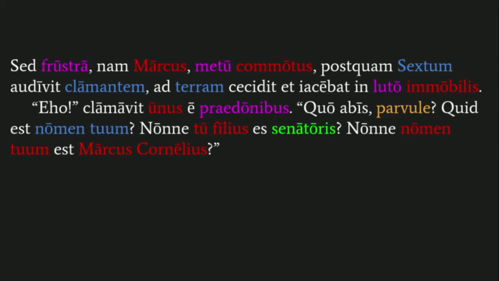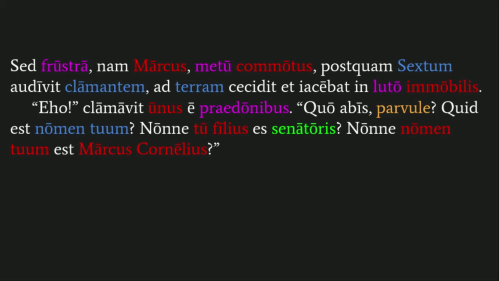Postquam, so after he heard, audivit, right? Perfect tense, audivit, he heard Sextus shouting, clamantem. Clamantem is technically something called a present participle, but you can just think of it as shouting here. I think they gave it to you as a vocab word. We'll learn more about it later on. But after he heard Sextus shouting, he fell, cecidit. Cecidit is the third principal part of cado, cadere, which means to fall down, right? So he fell ad terram, to the earth.